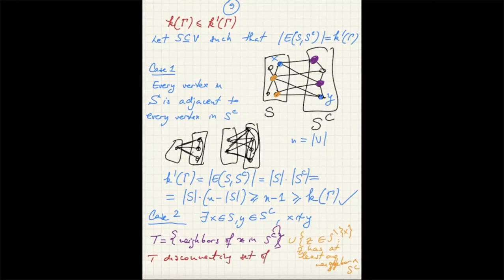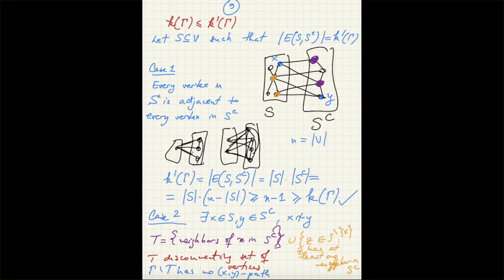Okay. So the claim is that this set T is a disconnecting set of vertices. And that's not too hard to see, because if you remove T from the graph, there's no way to get from x to y, so it has no xy path. In order for x to get to y, either you jump from x to a neighbor of it across to one of these purple vertices, but these purple vertices have been deleted, so you cannot do that.